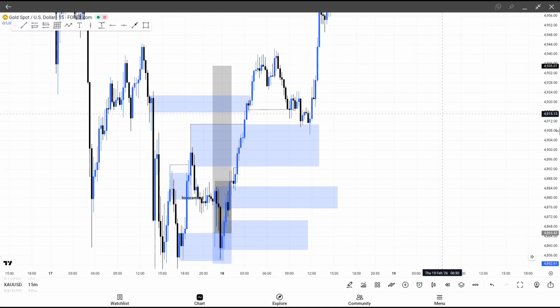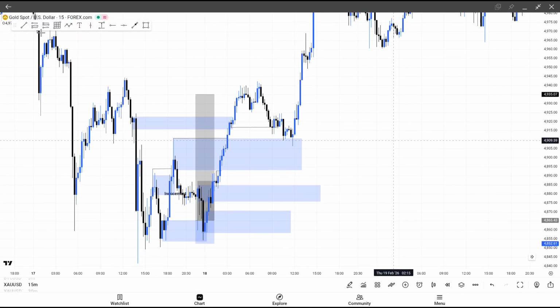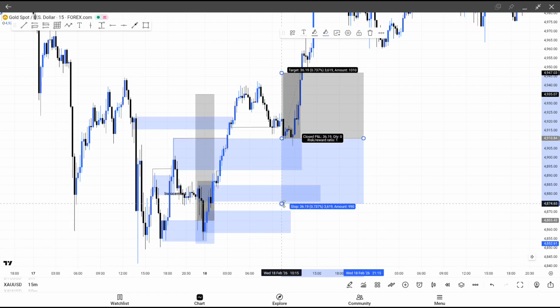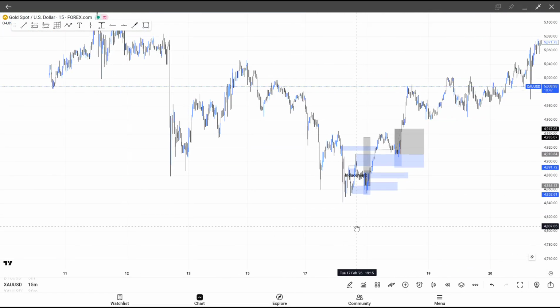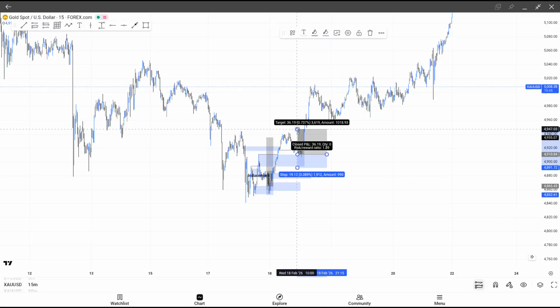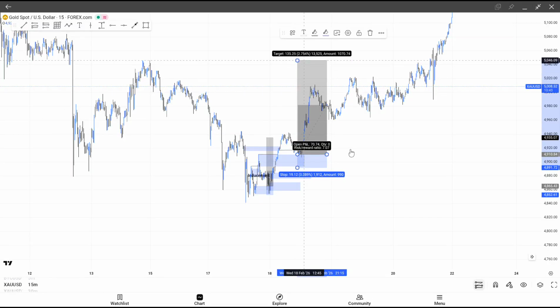So it means that we are not going for it anymore. We need to go for the one that this inducement has not used before, and it should be the one closest to this inducement. So this is the breaker block closest to the inducement. So this is the second one. This rate is 1 to 7.